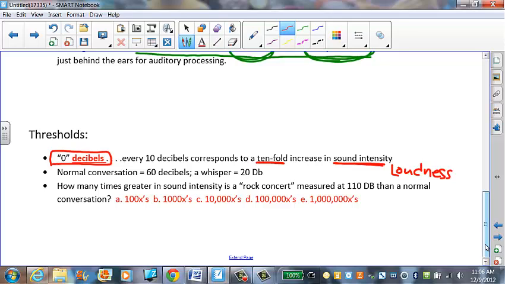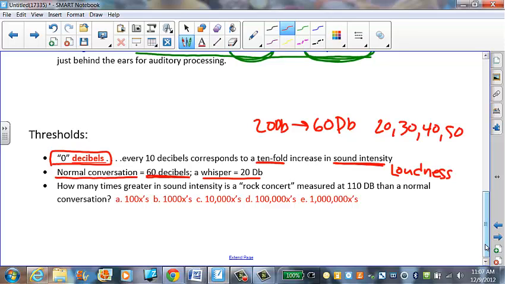And a normal conversation, talking to a friend in a quiet room, is about 60 decibels. Now a whisper is only about 20 decibels. So if we go from 20 decibels to 60 decibels, we go from 20 to 30 to 40 to 50 to 60 decibels.